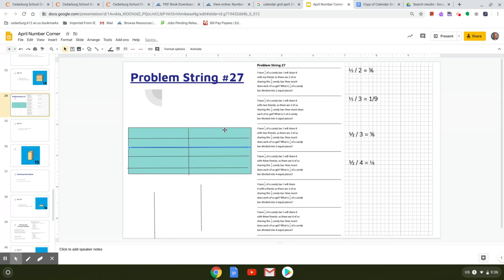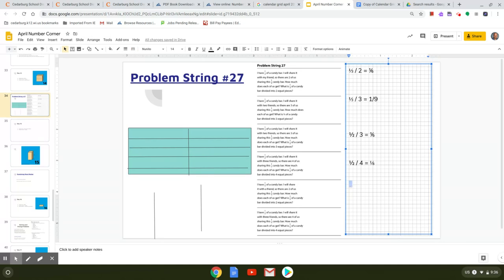And since I have two friends, I have to divide my candy bar in half. So again, I have 1/5 of a candy bar, and I'm dividing that by two people. So how much would each person get? We're going to get 1/10 of a candy bar.